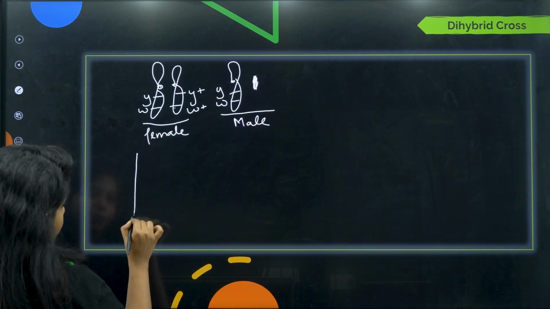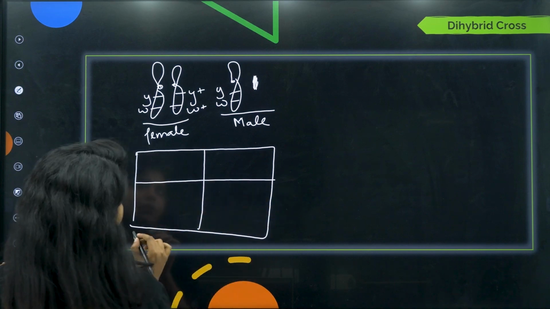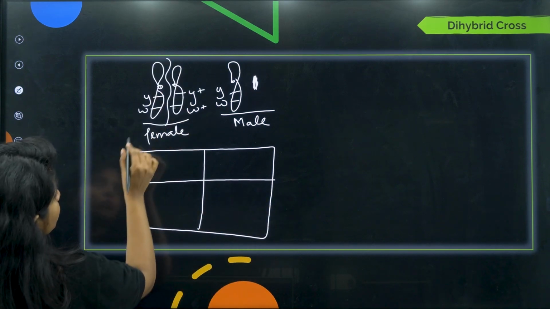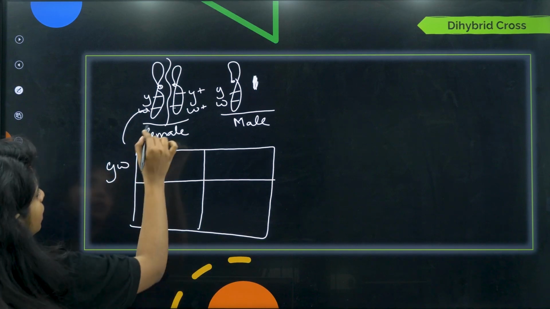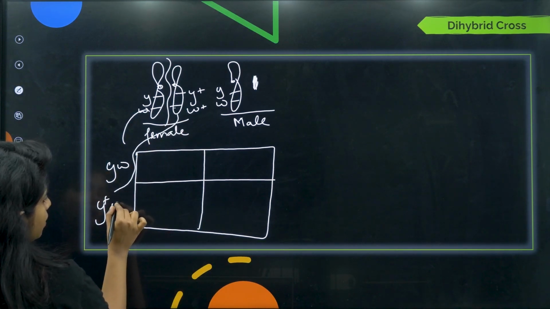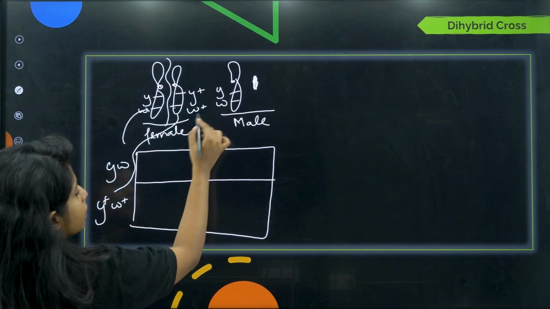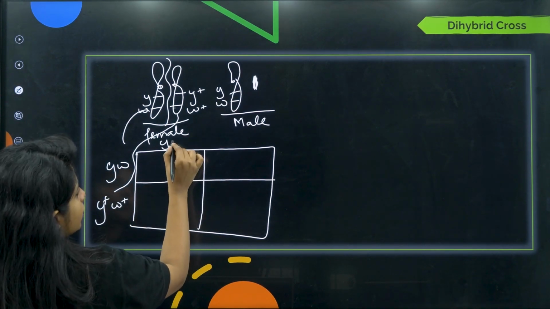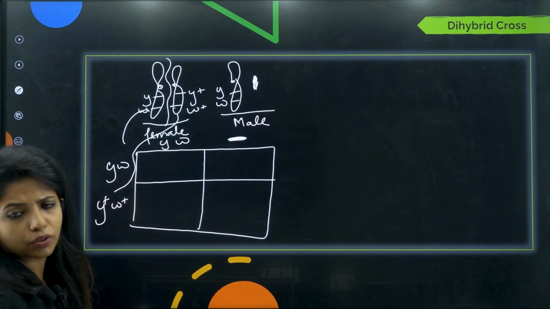You made the Punnett square, it appeared like this, where either this chromosome can come. If this chromosome is coming, it is small y, small w. If this chromosome is coming, children, it will be Y plus and W plus, that is brown and red. This is yellow and white. Similarly over here, either this chromosome comes, so it will be yellow and white, or this can come, which is basically the one which does not have the genes.